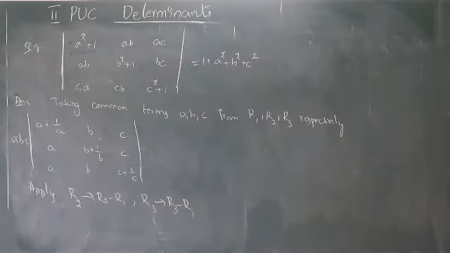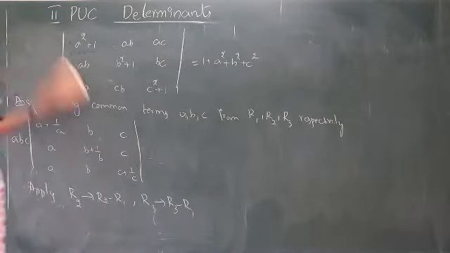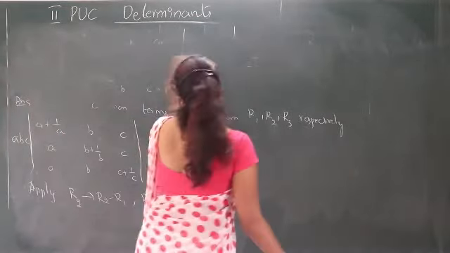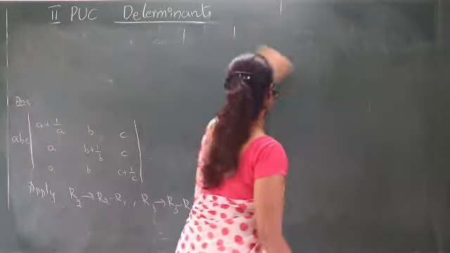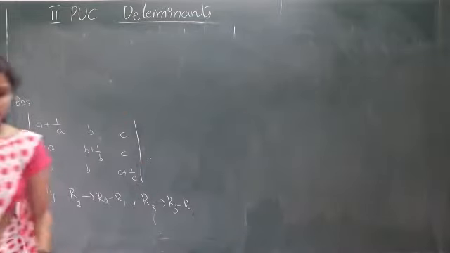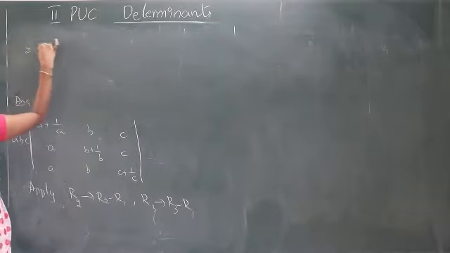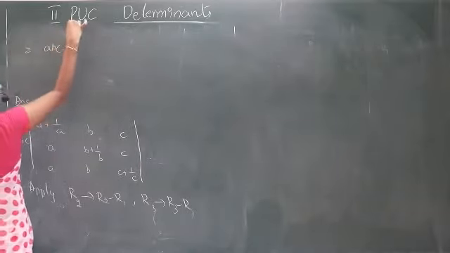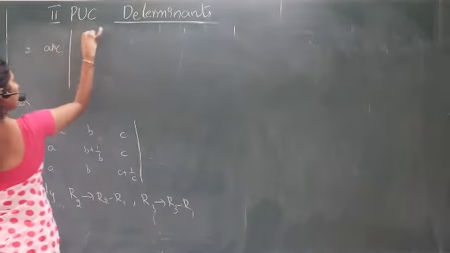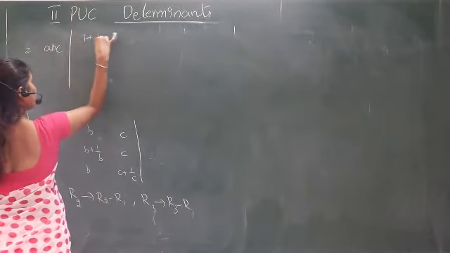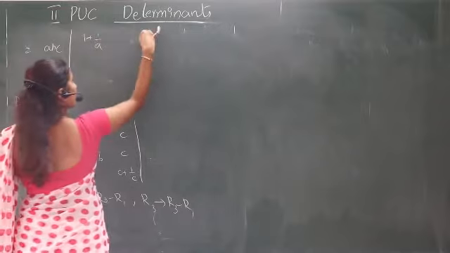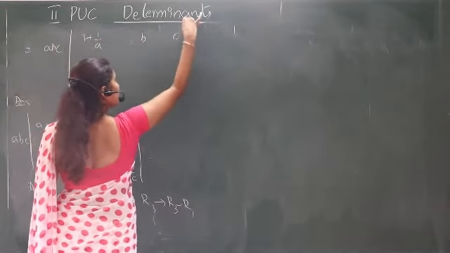I'm changing R3 and R2 by using R1. So what changes do we get now? R1 will be as it is: 1 plus 1 by a, b and c.